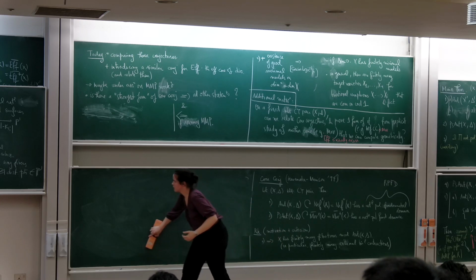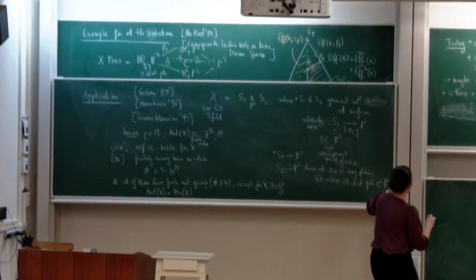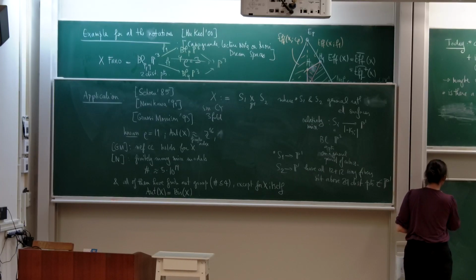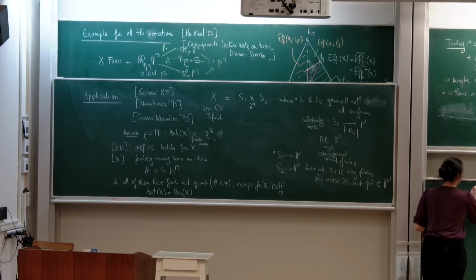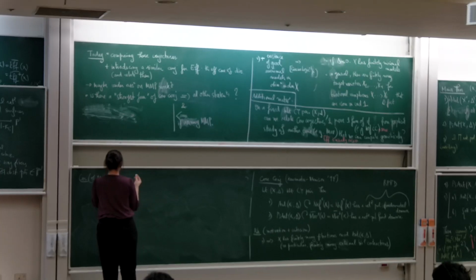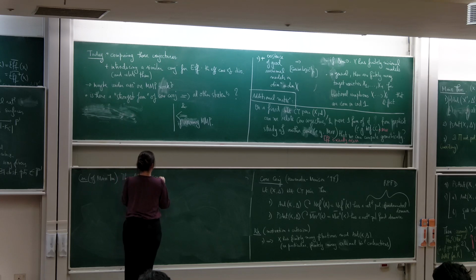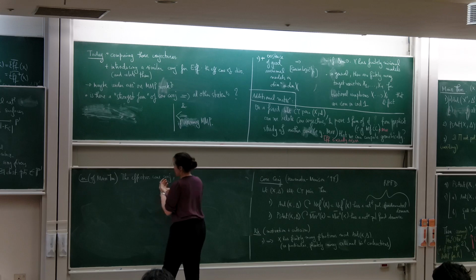So, I don't know. Anyways, so a corollary of our main theorem is the effective cone conjecture, and so that's the first one, but then we actually get all of them, right?